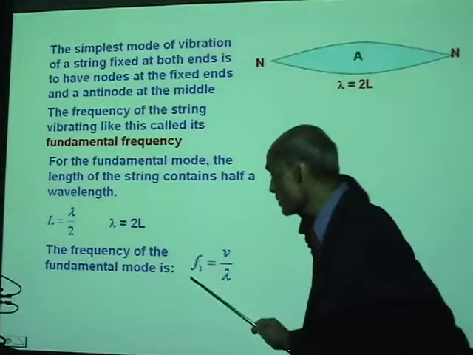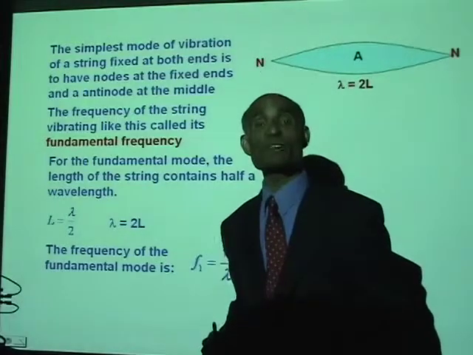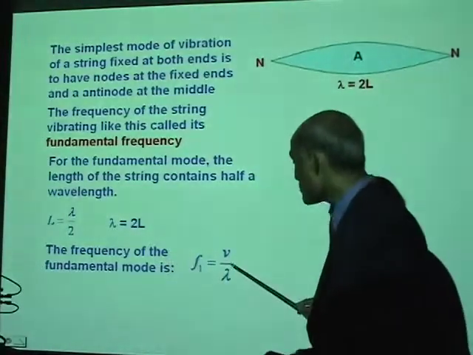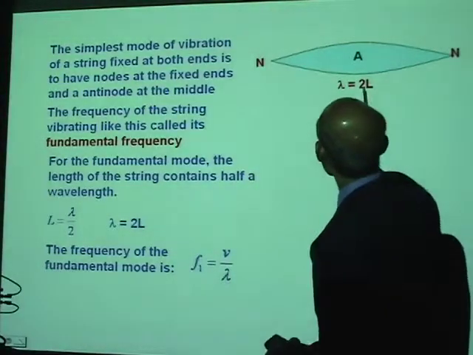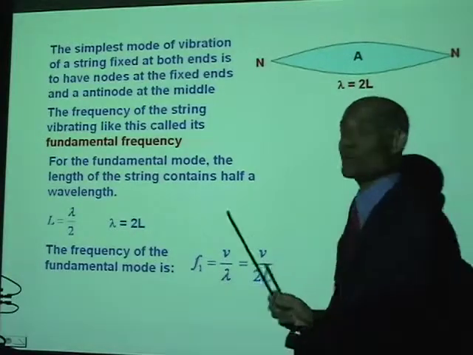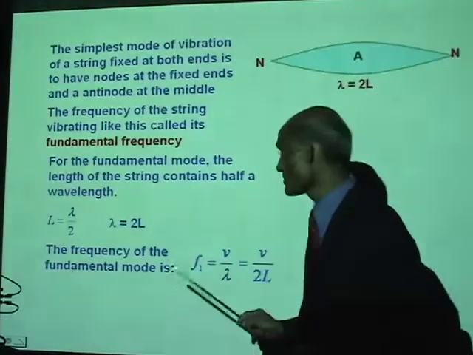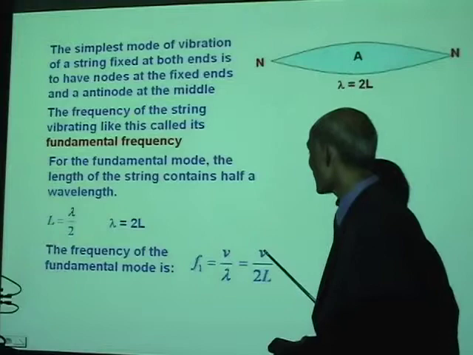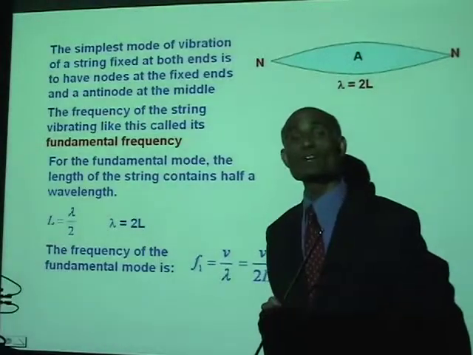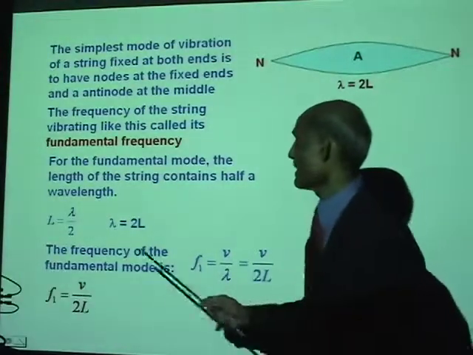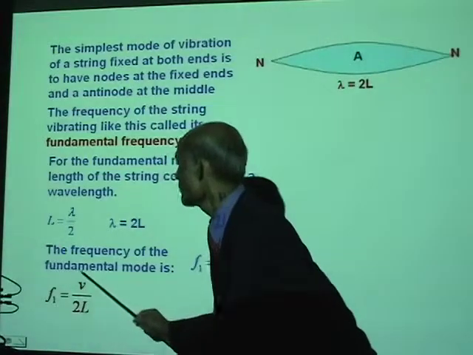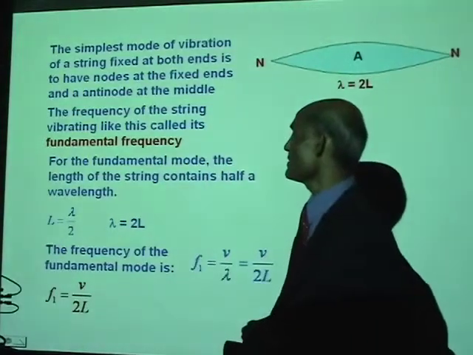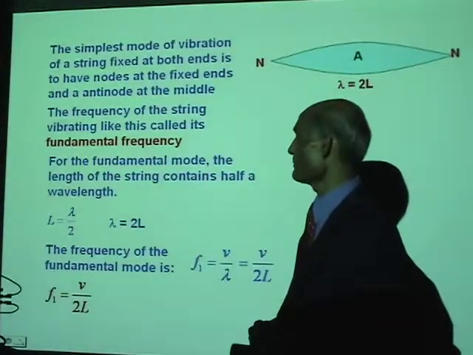And I'm going to denote the fundamental frequency as F1. And in place of lambda, I'm going to write 2L. So, the fundamental frequency of vibration is F1 equal to V over 2L. I'm going to leave it there for you. F1 equal to V over 2L.